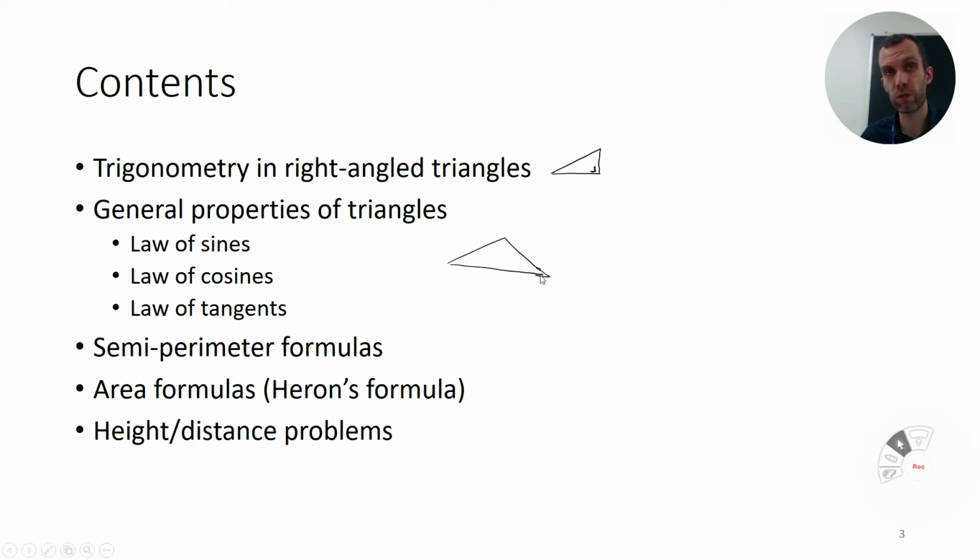And we'll see that there's also some nice relations between the length of the sides, the angles, the perimeter, the area, and so on. And so then we will cover some perimeter formulas, so formulas that have to do with the length of the sides, and some formulas that have to do with the area of the triangle. And we'll finish it off with the height and distance problems that I mentioned.